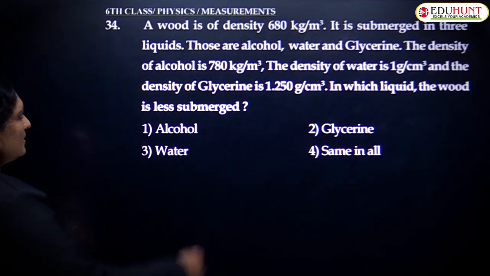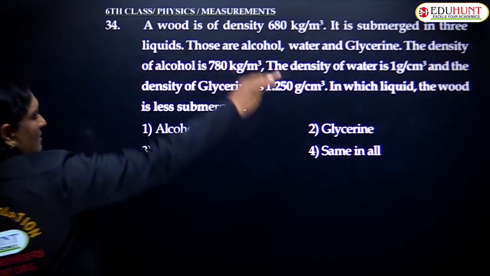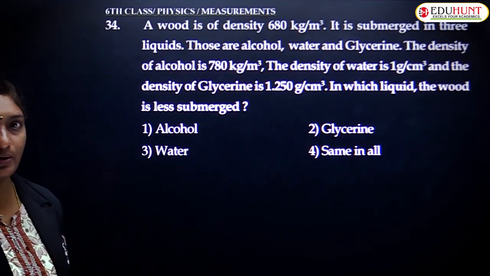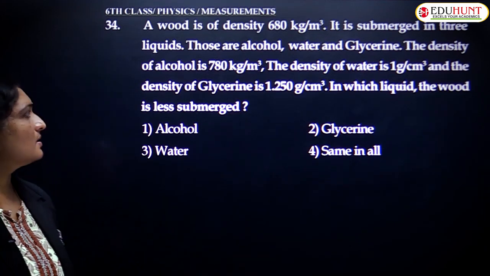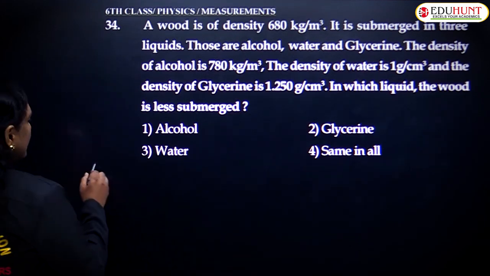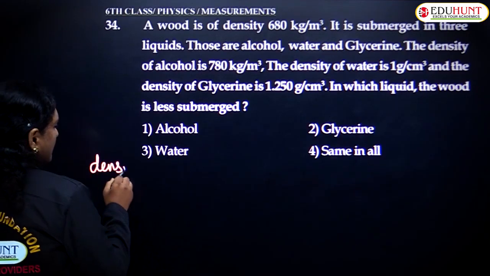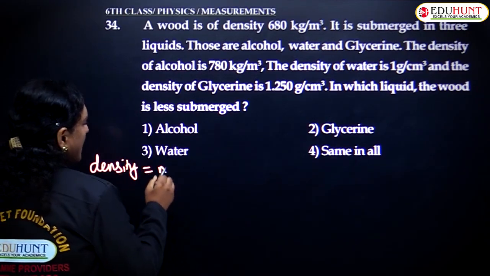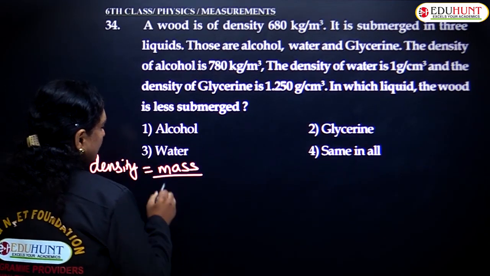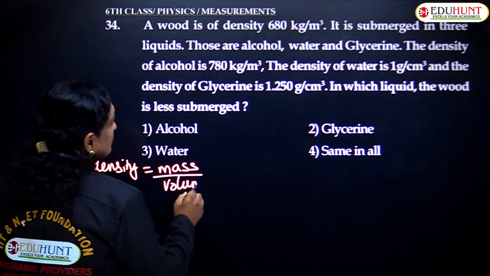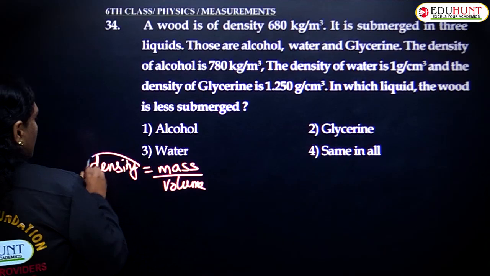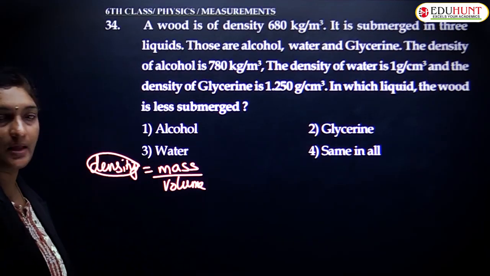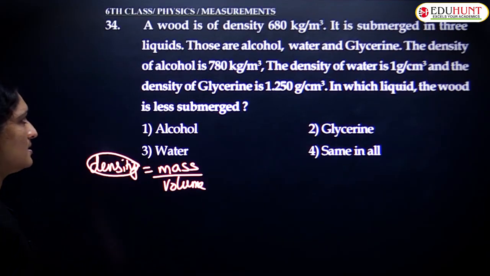So, clearly we know that everywhere the common object is wood only, so the density of the wood remains constant. We know the formula that density equals mass by volume. Here the density is constant everywhere, in three different liquids.